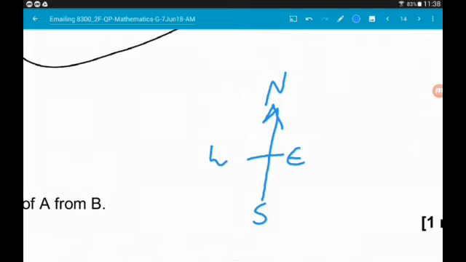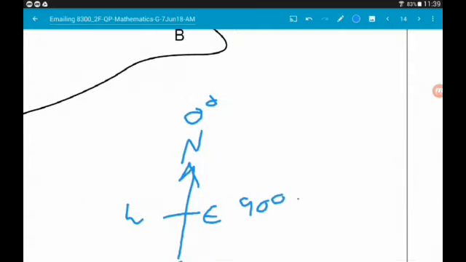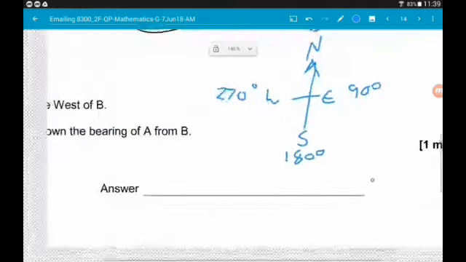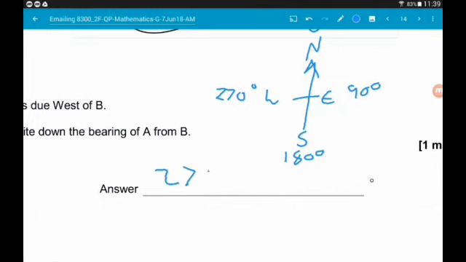North is always 0 degrees, east is 90, south is 180, and west is 270. So that's our answer.